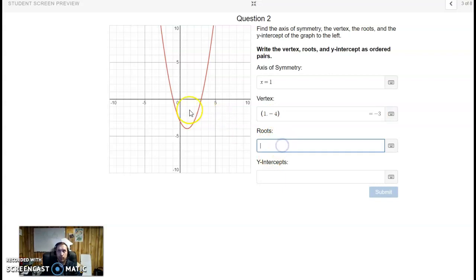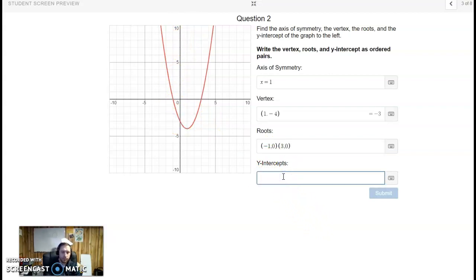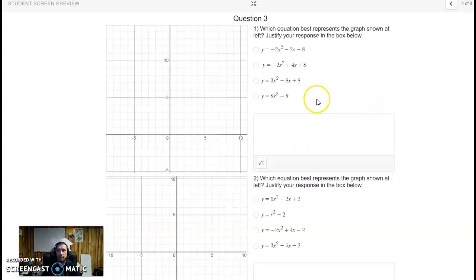The roots, remember where it crosses the x-axis, so we have (-1, 0) and (3, 0). And then the y-intercept, so where does it cross this vertical axis? We can see it visually. Boom, right there, (0, -3). All right, so did you get 1, 2, 3, or all 4 of those correct? Type it in your survey, take a little moment to pause and take a look here.